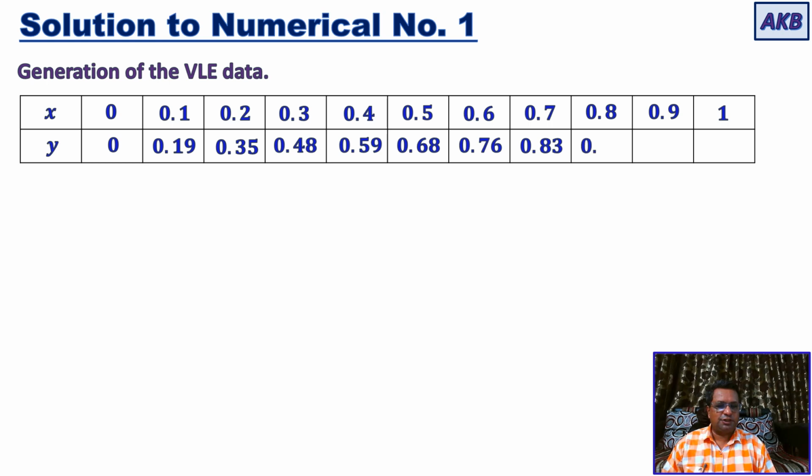For 0.7 it is 0.83, 0.8 it is 0.9, and for 0.9 it is 0.95. And finally you can check when x is equal to 1, y also is equal to 1.